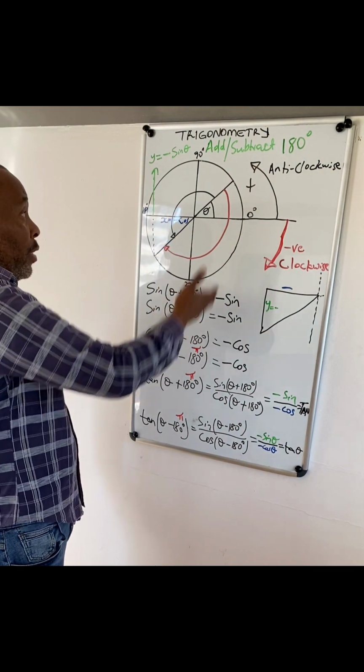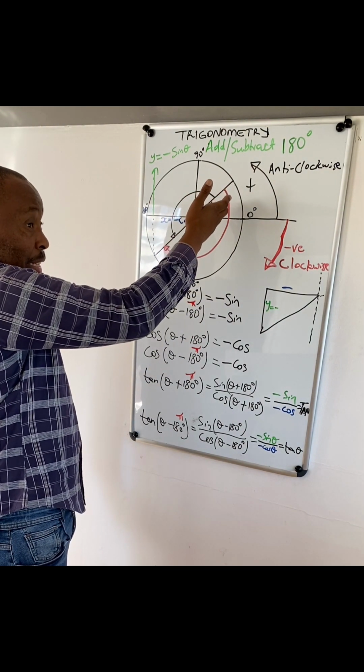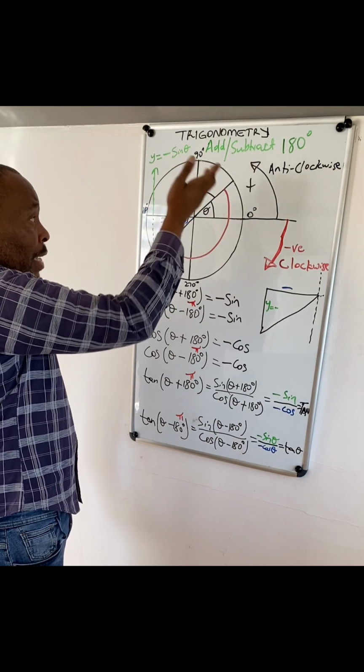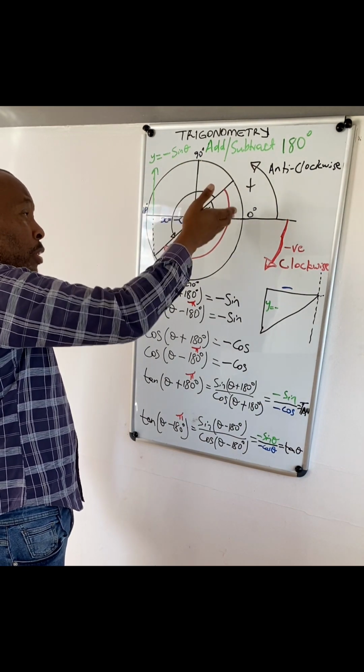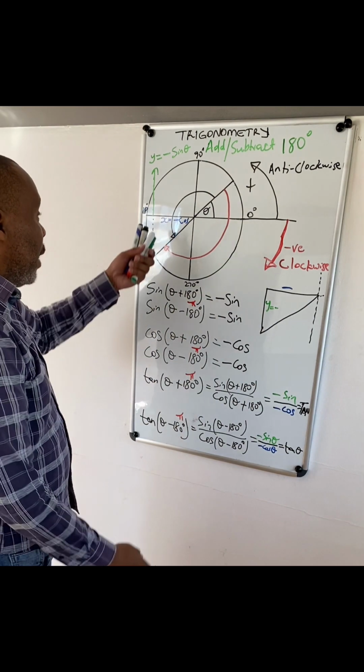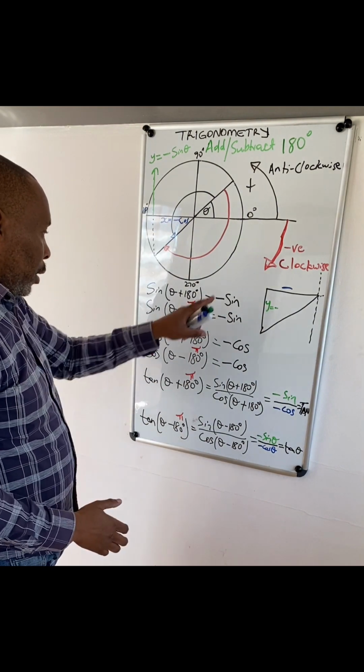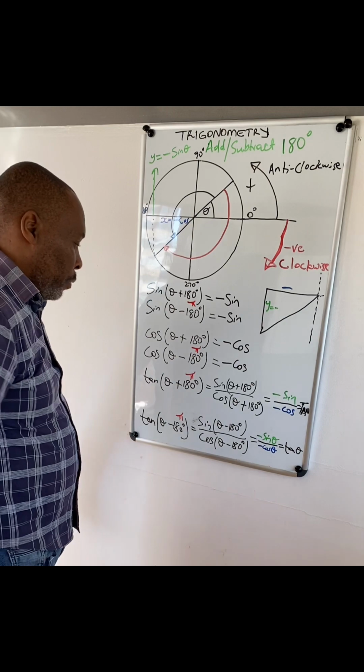It's still in the third quadrant. 45 plus 180 is 225, it's the third quadrant. 30 plus 180 is 210, it's also in the third quadrant, and it's all in here.